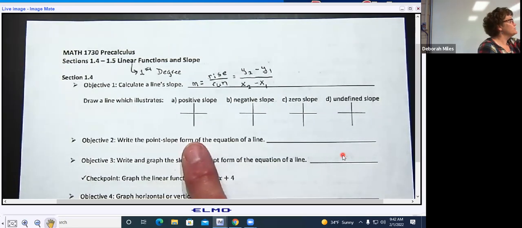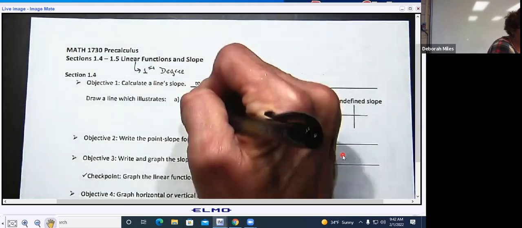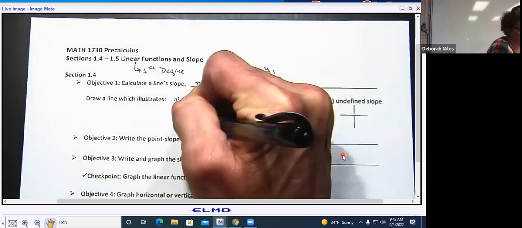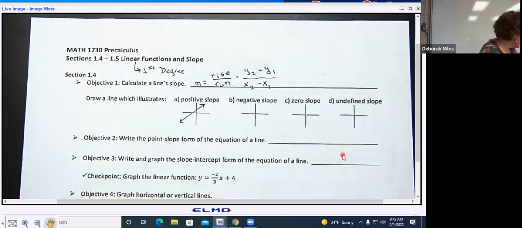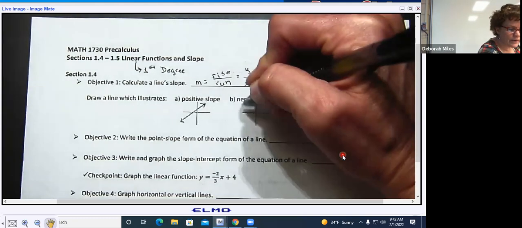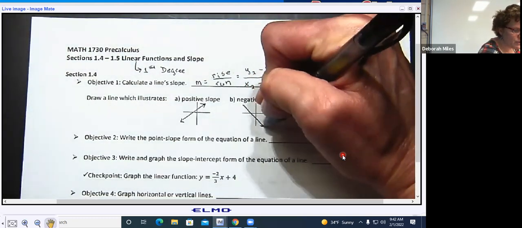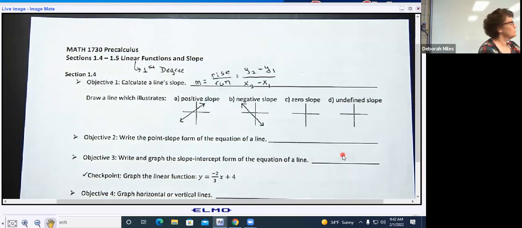They go uphill from left to right. All right, mine, I'm going to put it there. Doesn't matter. It's going uphill from left to right, so it's a line with positive slope. And then a line with negative slope, anywhere you want to put it, just make sure it's going downhill from left to right.